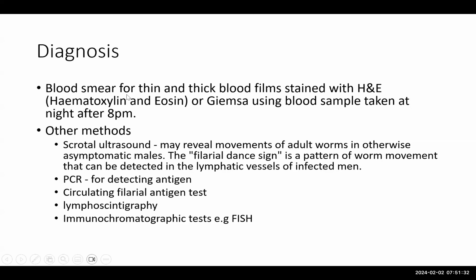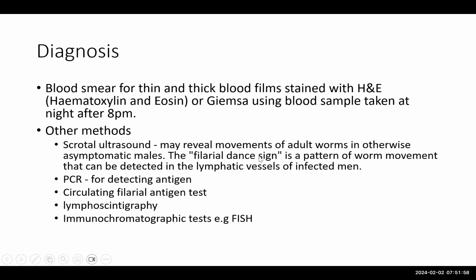So how do you diagnose? You've already mentioned thin and thick blood films using H&E or Giemsa with a nocturnal blood sample. There are other methods, but this is kind of the gold standard recommended by CDC and WHO. But we could do scrotal ultrasound in patients that are fairly asymptomatic, who just have mild scrotal swelling. That will reveal movement of adult worms in otherwise asymptomatic males.